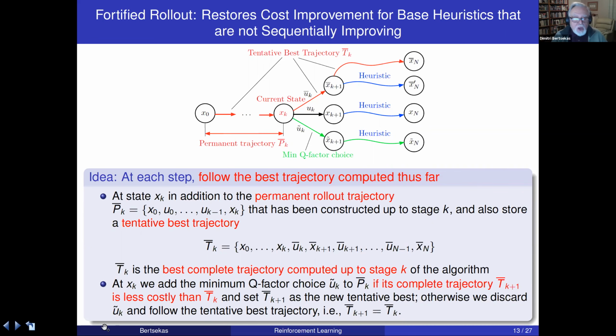Otherwise, we discard u tilde k and follow the tentative best trajectory. In other words, we follow the red arc here, and also we keep the tentative best trajectory as it was. And obviously, this maintains the cost improvement property, and it's very, very simple to implement.